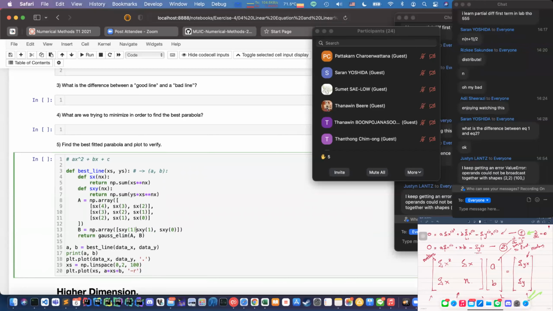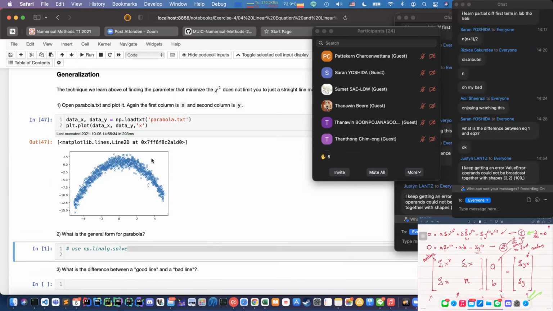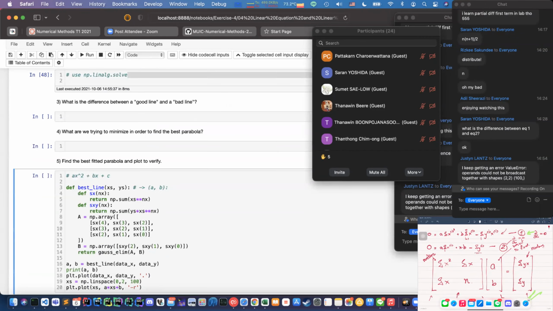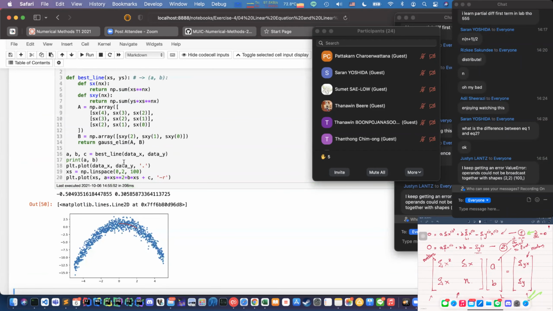I'm going to look like a match. And there.